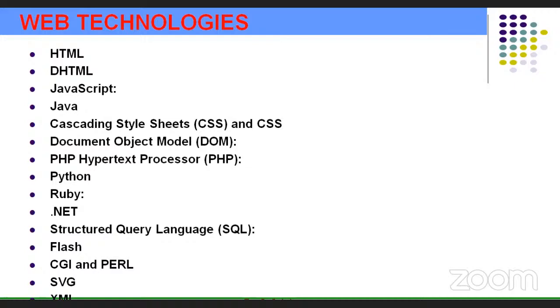And next one is Python. Python is an advanced programming language like Java and used for creating websites and mobile applications. See, Python is used to develop standalone applications, websites, and mobile applications also. It is very flexible and has a broad range of applications.